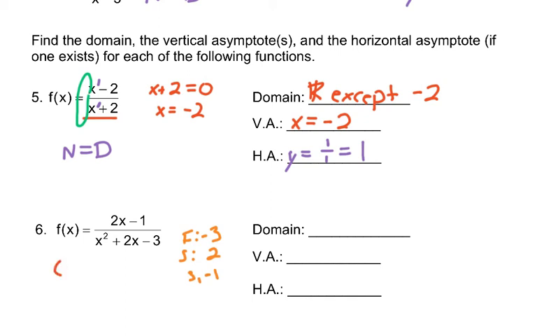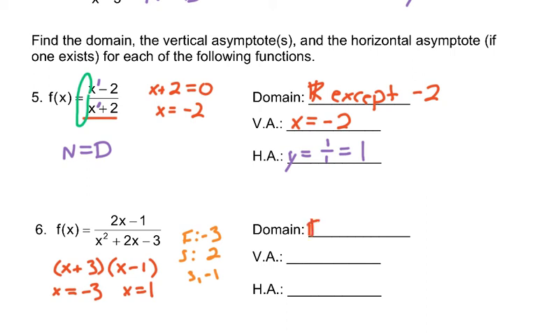So this would factor into x plus 3 and x minus 1. And again, we need to find what numbers would make this denominator equal 0. So this would be at x equals -3 and at x equals +1.